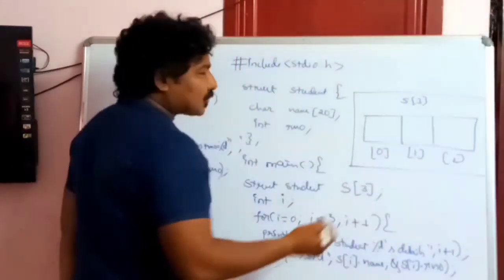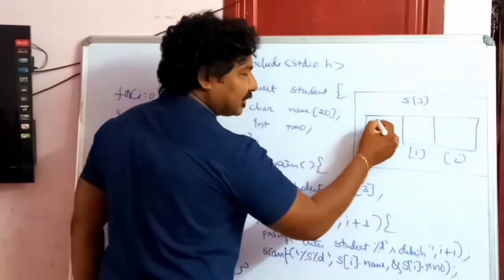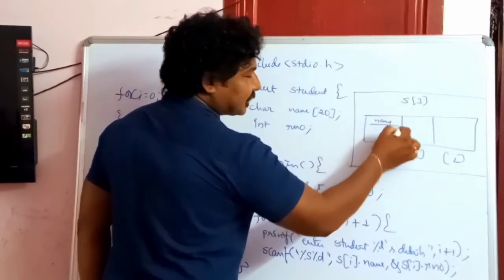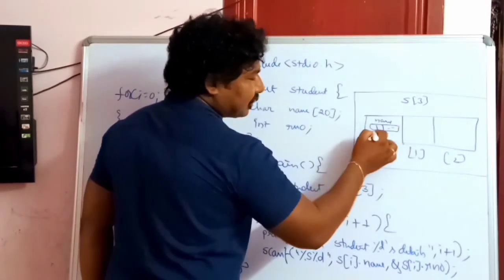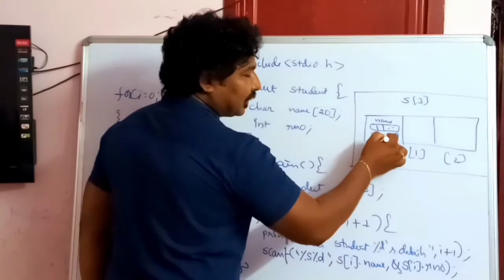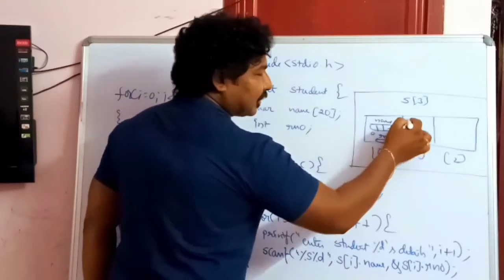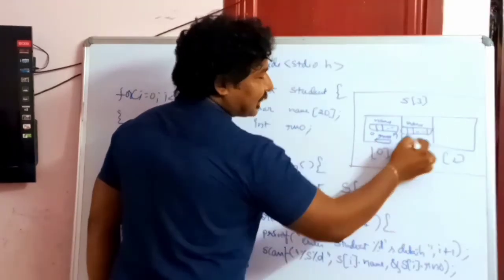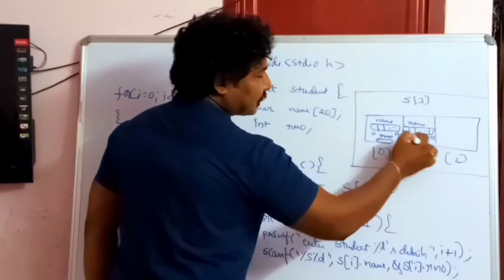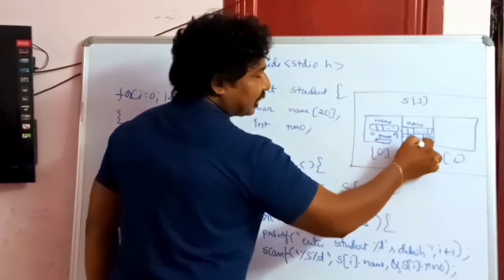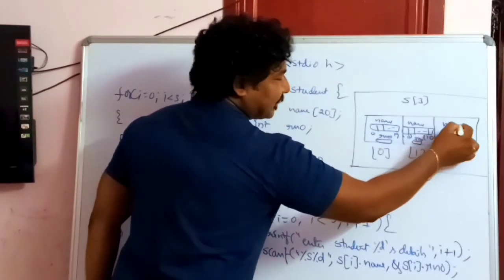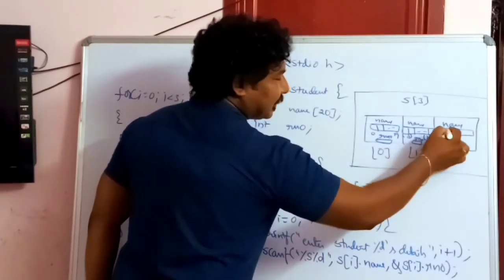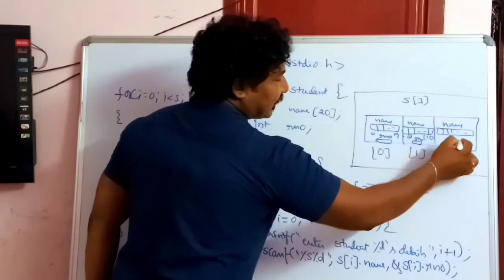At index 0, the contents are a name with the size 20, so that means there will be indexes 0 to 19, and a roll number. And again there is a name with the size 20, with indexes 0 to 19, and there will be a roll number here. And again here is a name with the size 20, and again there is a roll number here.